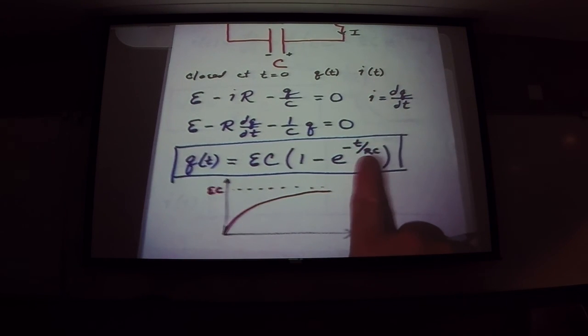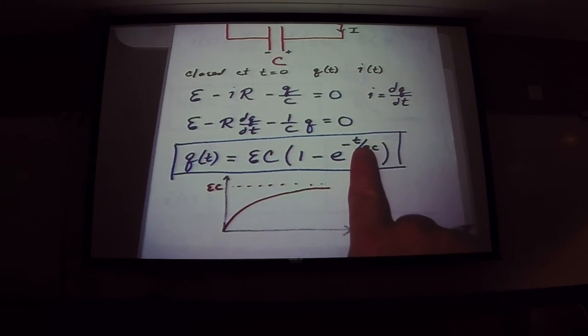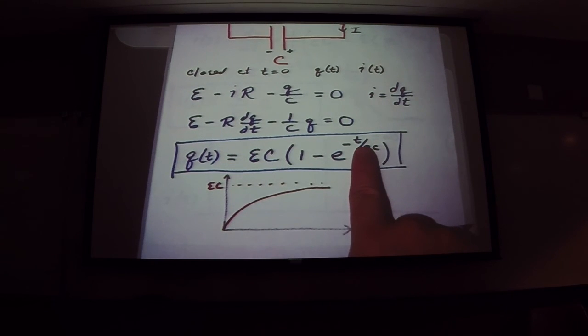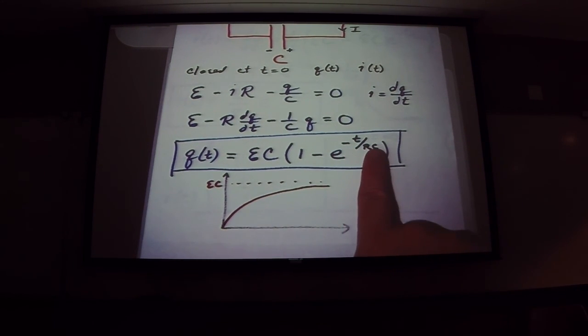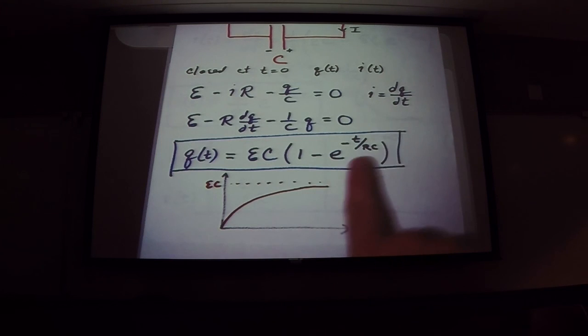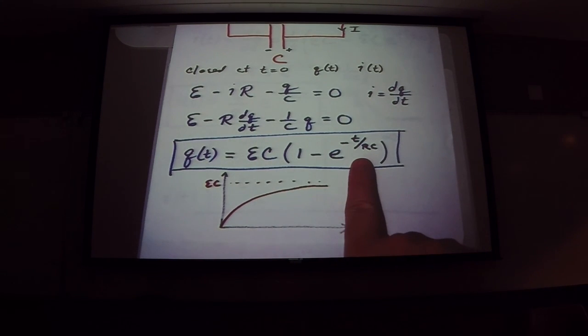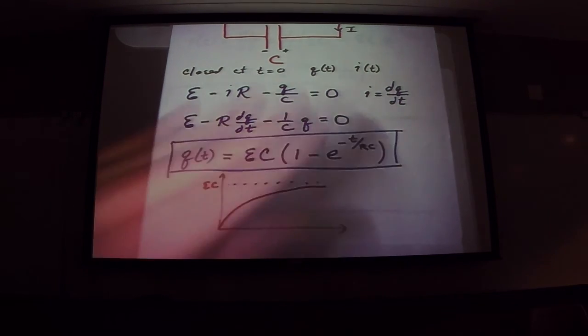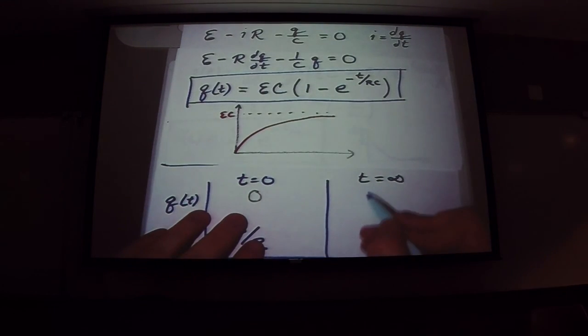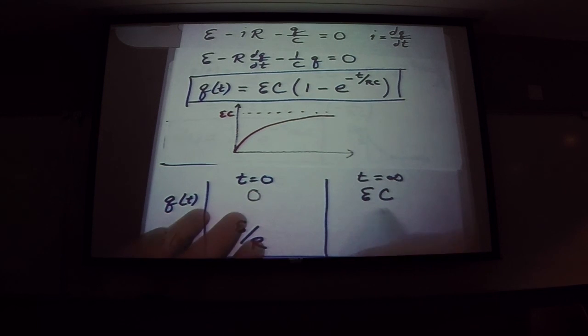Infinity divided by RC is infinity. e to the negative infinity is 0, because it's 1 over e to the infinity, and 1 over infinity is 0. 1 minus 0 is 1. 1 times EC is EC.